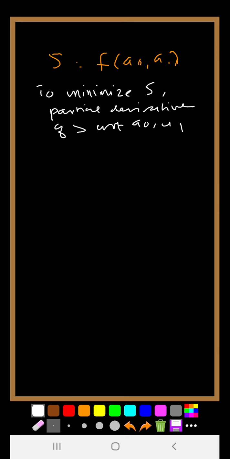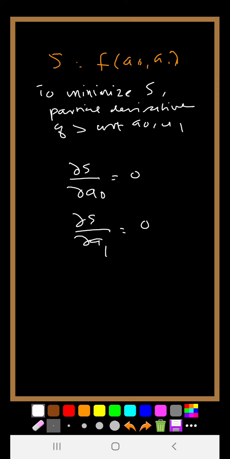So we write del S by del a0 is equal to 0 and del S by del a1 is equal to 0.